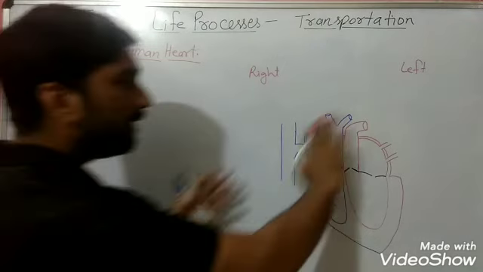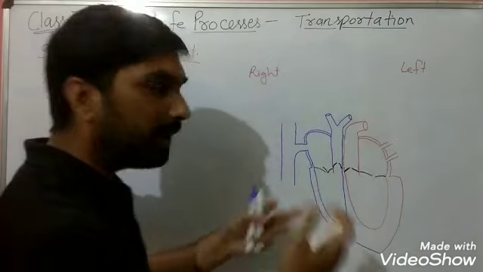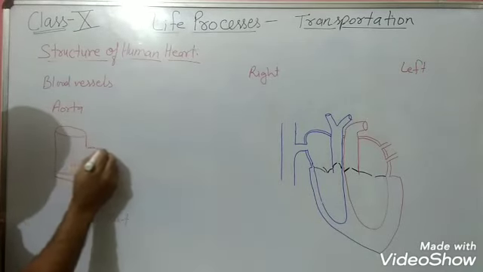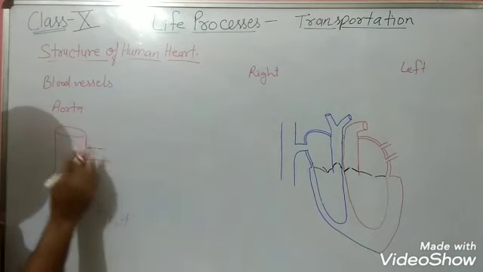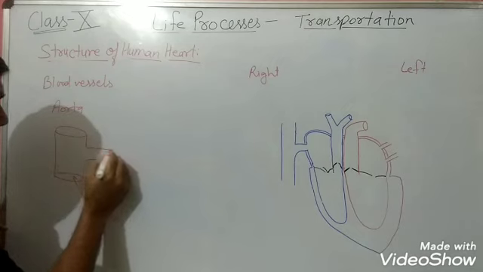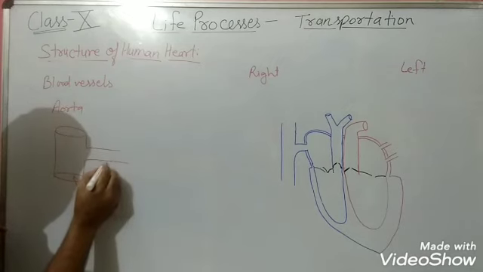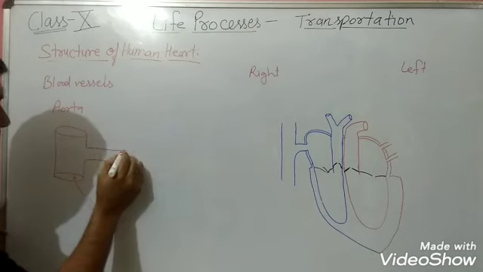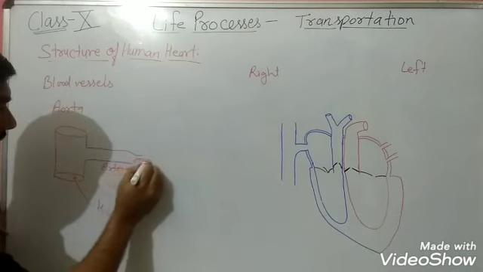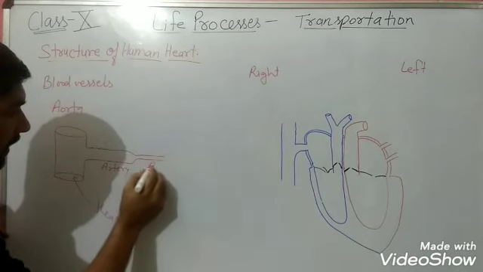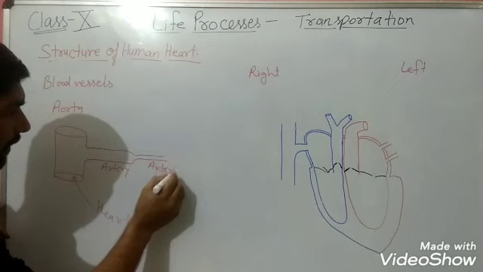then after leaving the heart, immediately it is going to divide into thin tubules which are known as arteries. So suppose the diameter is going to again become less, and these thin tubules are known as what? Artery. These arteries are going to again further divide into thin tubules which are known as arterioles.